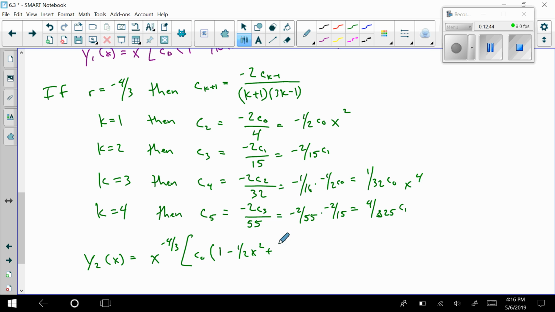So then this is plus 1/32 x to the 4th, plus so on, plus c sub 1 times, okay, the first one that I have in here, well, this one's x to the 3rd. So the first one is just x. Then I have -2/15 x to the 3rd. Then it's plus 4/825 x to the 5th, plus so on, and we close it.